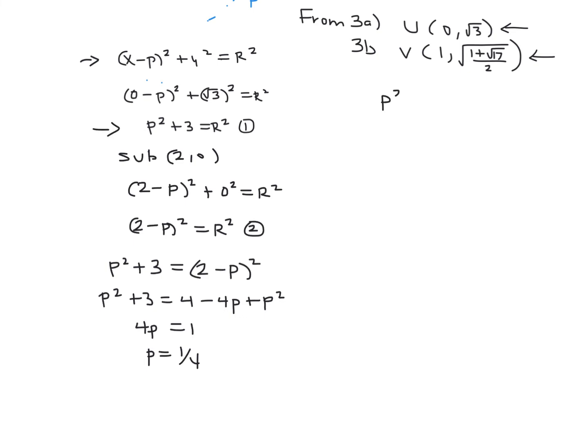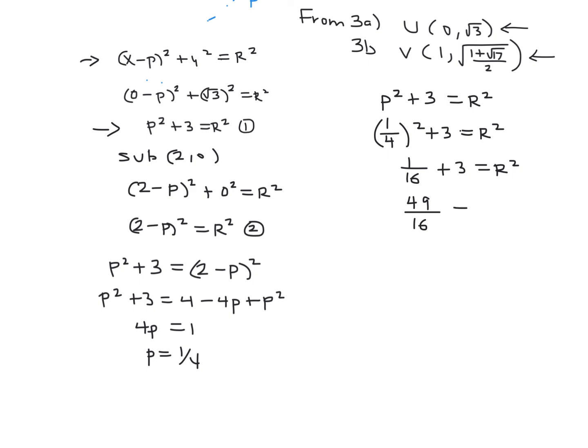So p squared plus 3 is equal to r squared. So that means we have (1/4) squared plus 3 is equal to r squared. So this is 1 over 16 plus 3 is r squared. So that's going to be 49 over 16 is r squared. So therefore r would be 7 over 4. Okay, great. We've got a nice value.